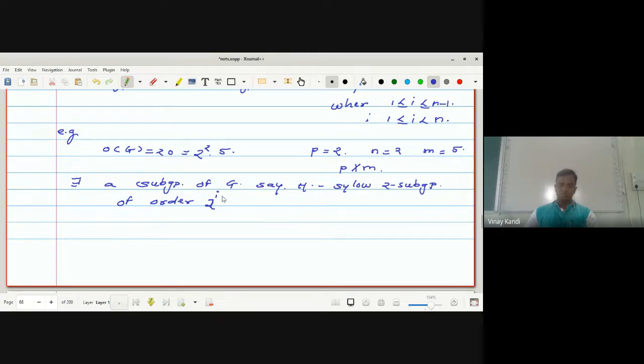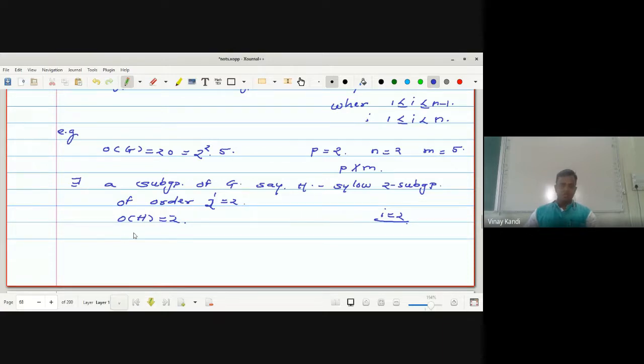Okay. Suppose I is equal to 1. 2 raised to 1 is equal to 2. So order of H is equal to suppose 2. And okay, if I is equal to 2, and what is the second statement? Each subgroup of order 2.